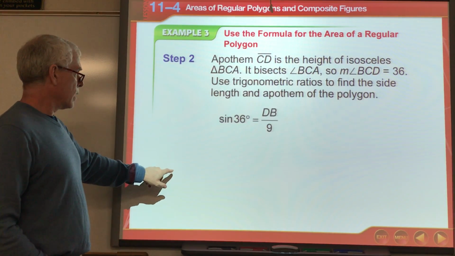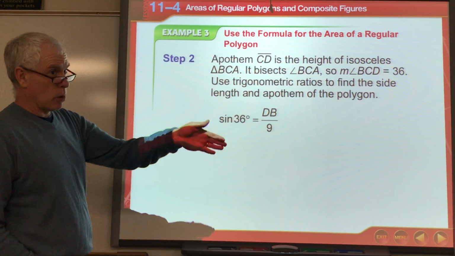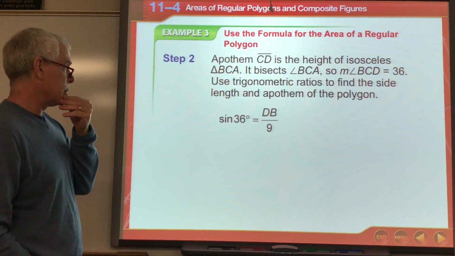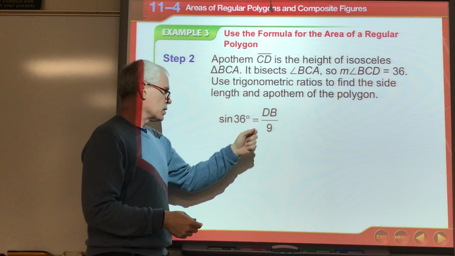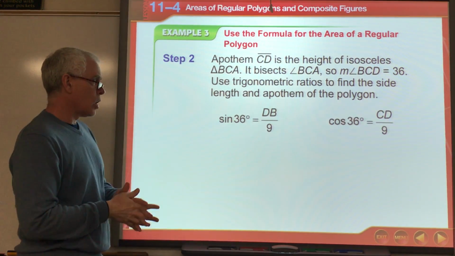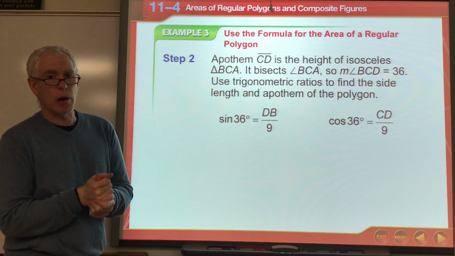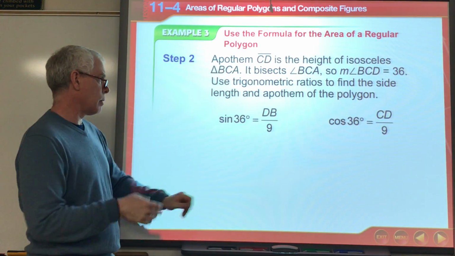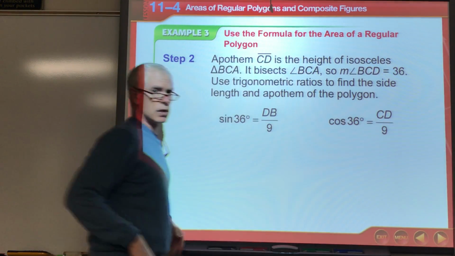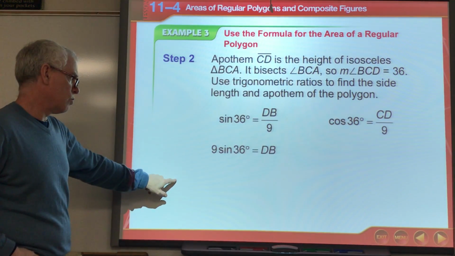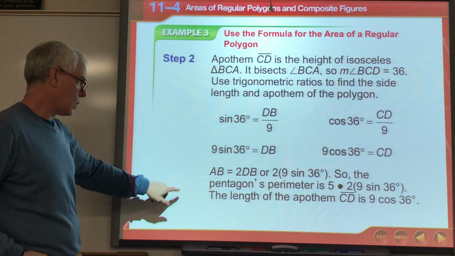So when we get going here, the sine of 36, because we broke that 72 in half, was opposite, which was DB, that was the x I drew in the previous screen, over 9, which is the hypotenuse. And the cosine, CD, which is the apothem, that was the adjacent side over the hypotenuse. So our math here, 9 times the sine of 36, 9 times the cosine of 36, is going to give me those two values. Okay?